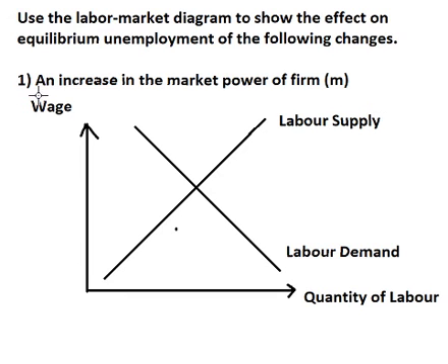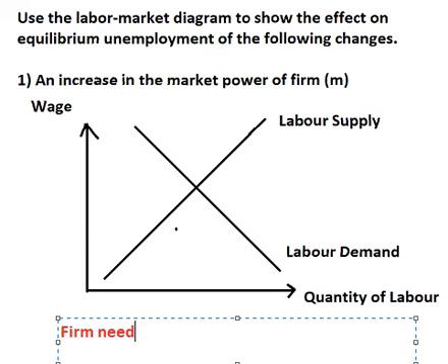Number one, an increase in the market power of the firm. When the market power of the firm increases, the firm needs less labor, because when the company is stronger, they don't need to provide more jobs anymore.